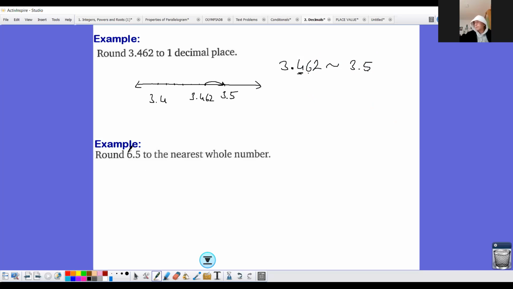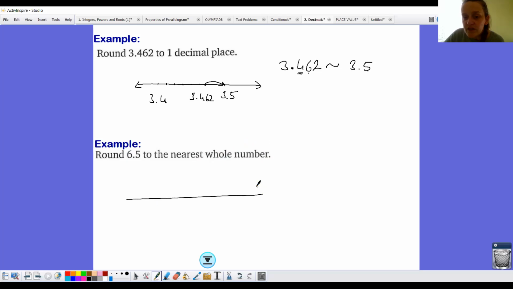Yeah. Now in this example, look at this number. Round to the nearest whole number. It is 7 or 6? Yes, so because it says whole number, we need to write between 6 and 7. And it is 6.5.